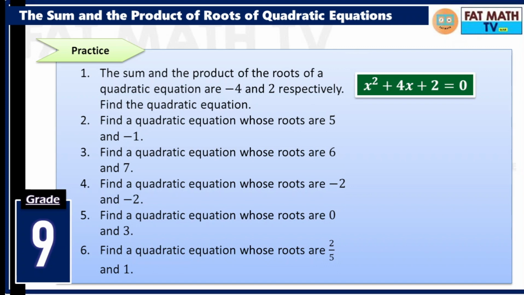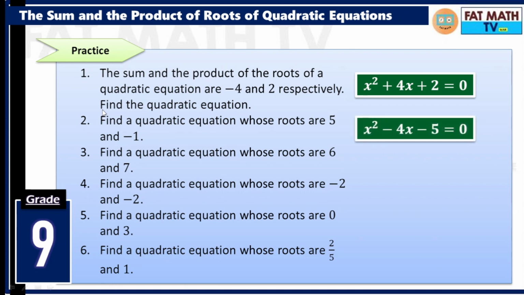Okay, so here are the answers. Number 1, x squared plus 4x plus 2 equals 0. So x squared minus negative 4x plus 2. So that will be positive 4x.